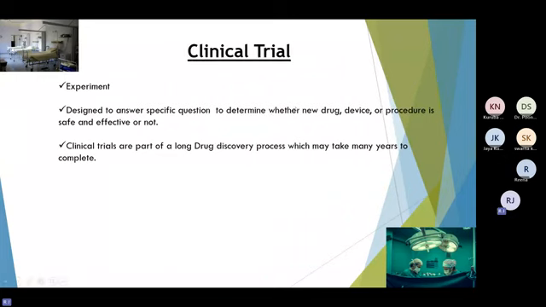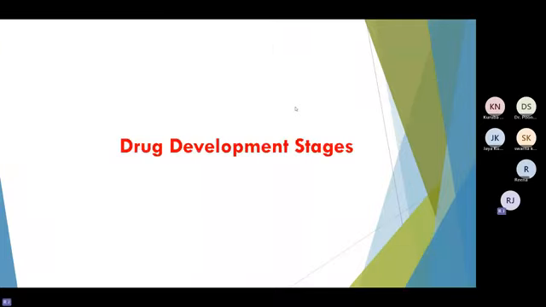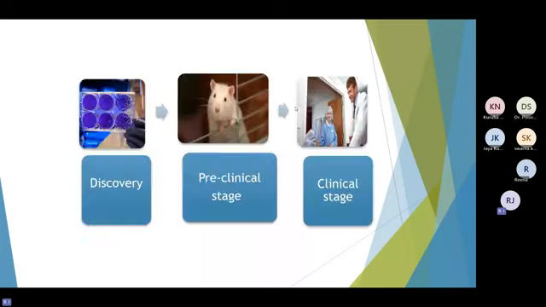Okay. So we don't start directly with the clinical trial. We start with the basics. So what is that basic? To understand that, we need to understand the drug developmental stages. Then I talked about the various drug developmental stages: discovery, preclinical, and clinical stage. We have already completed discovery and preclinical.